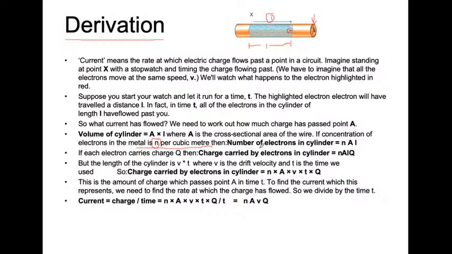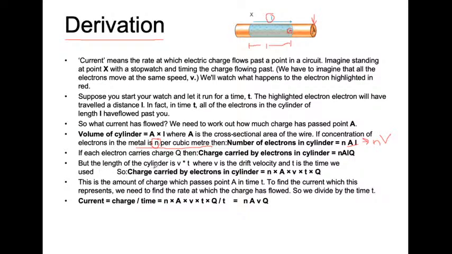So we could find the number of electrons by multiplying the number of electrons per unit volume, N, times our area times our length, which is a volume combined. So that would also be N times our volume. And then our meters cubed will cancel out, and we'll be left with the number of electrons.